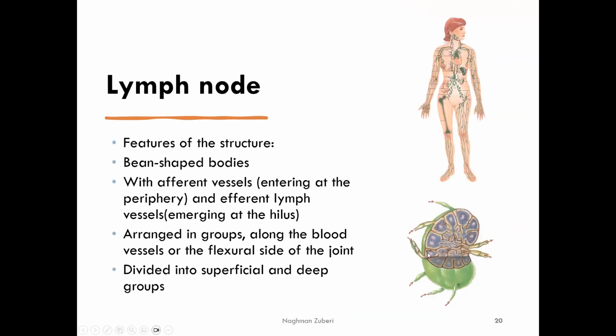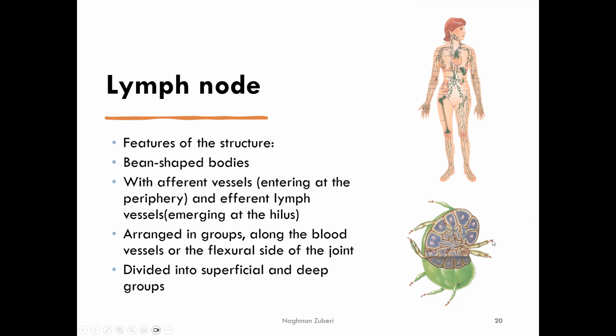Well, features of the structure of the lymph nodes, they are bean shaped with afferent vessels incoming, entering at the periphery, and the efferent leaving out. They will be taking the lymph out of it, emerging from the hilus.